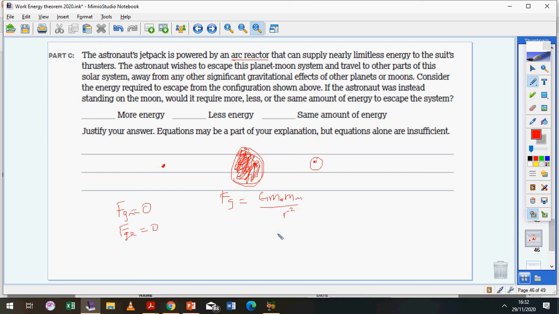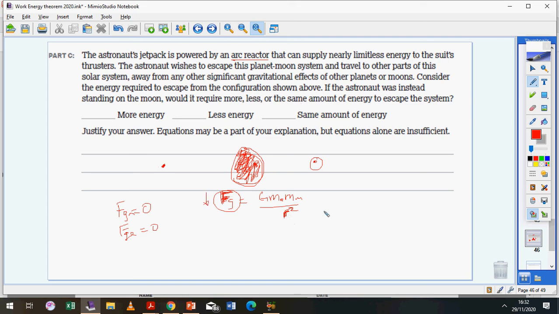In order for this force to be small enough for him to escape this gravitational pull, this r would have to be very, very big, because if r is very big, then this force will keep decreasing.